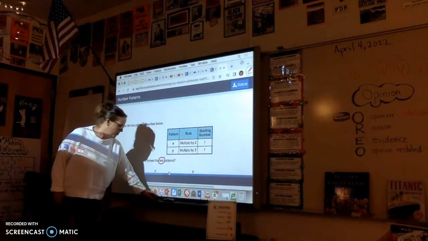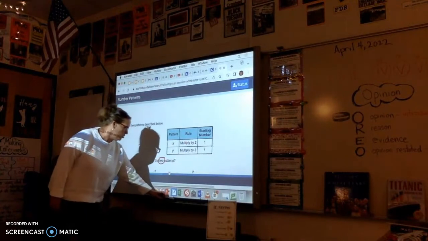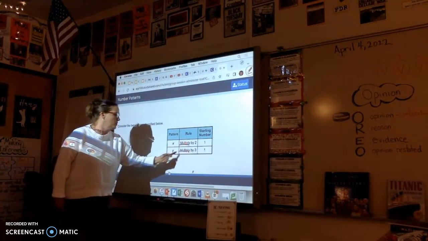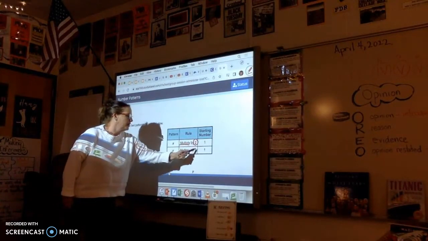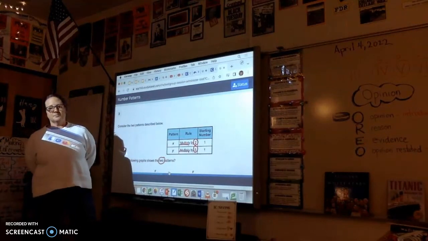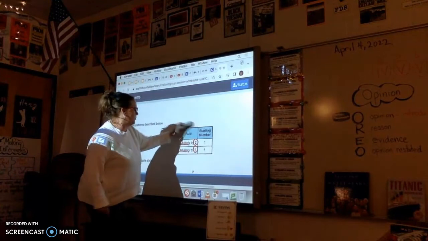We're looking for both of them. Okay, so we're multiplying by 2. Make sure when you look, you're looking at the keywords over here too. Multiply by 2 and by 3. Miss Green, if you put them together as a fraction, it'd be 2/3. Very good, Adriana. Yes, but don't do that because that would give you the wrong answer.